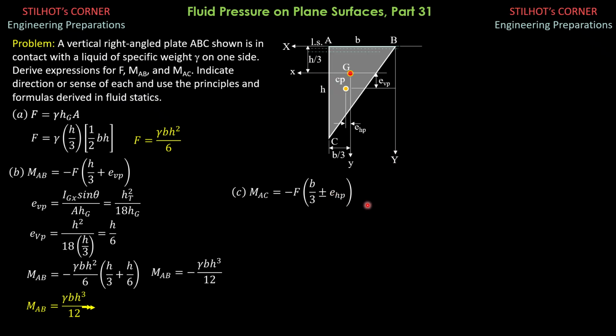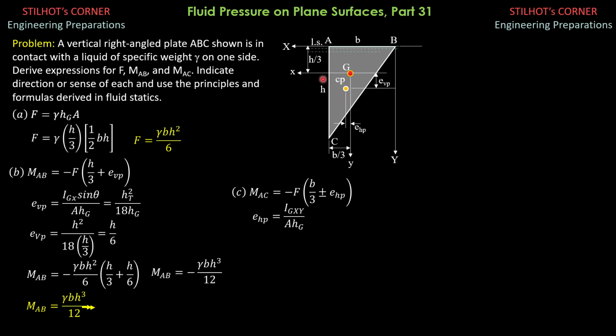So what is the formula for AHP as derived in the lecture part, first part of this topic? It is equal to IGXY divided by area HG. There is sine theta, but sine theta again is 1. So AHP is centroidal product of inertia with respect to the XY axis over area HG.